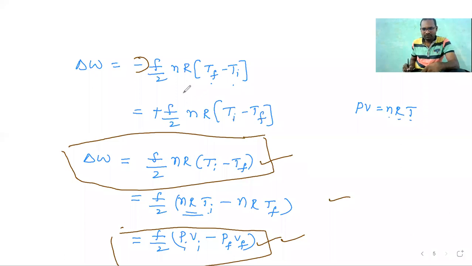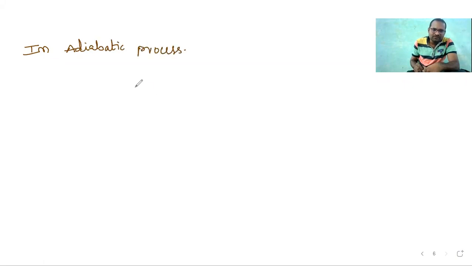In adiabatic process, we know PV is equal to nRT. Do you know this equation? Yes, the ideal gas equation. According to the ideal gas equation, PV is equal to nRT.